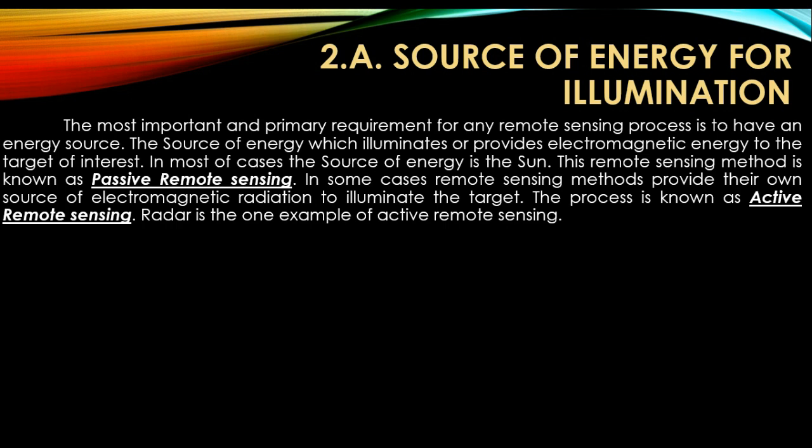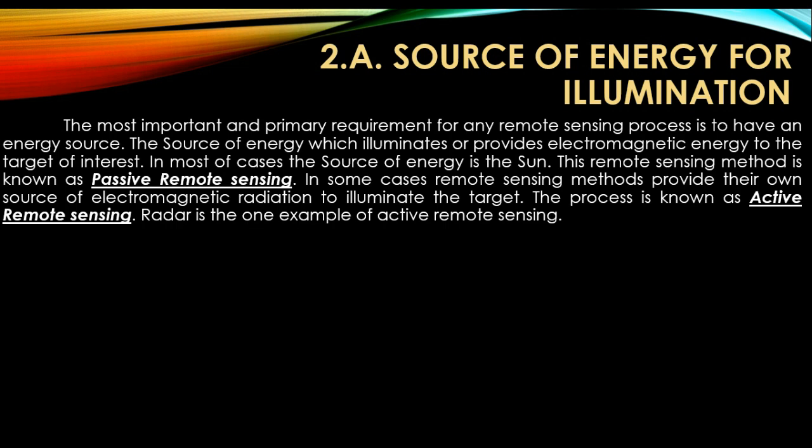In some cases, remote sensing methods provide their own source of electromagnetic radiation to illuminate the target. The process is known as active remote sensing. Radar is one example of active remote sensing.